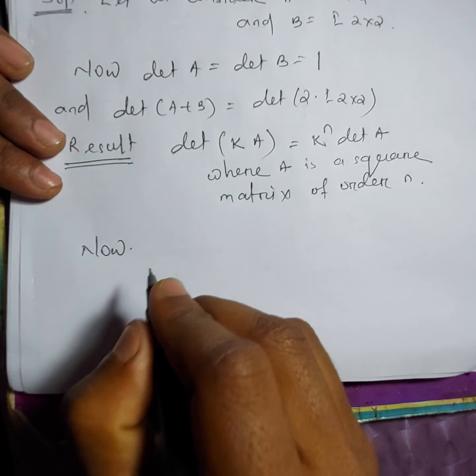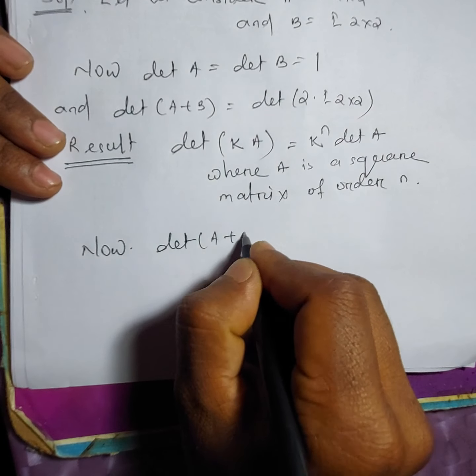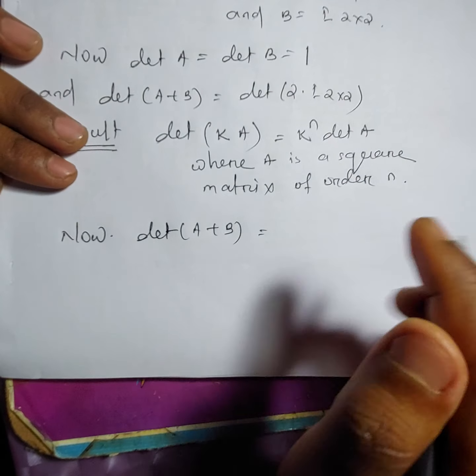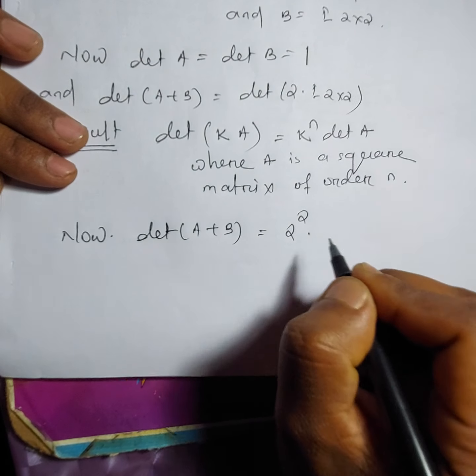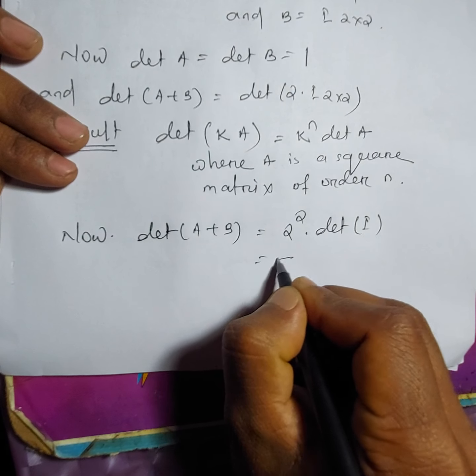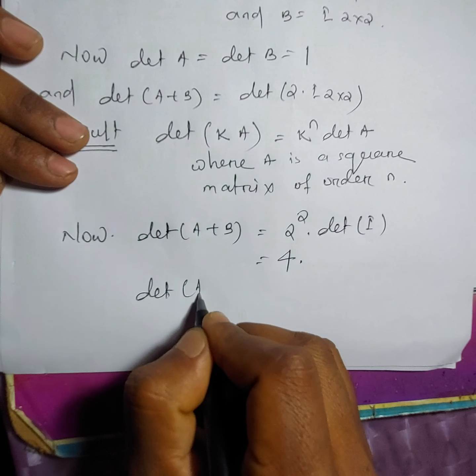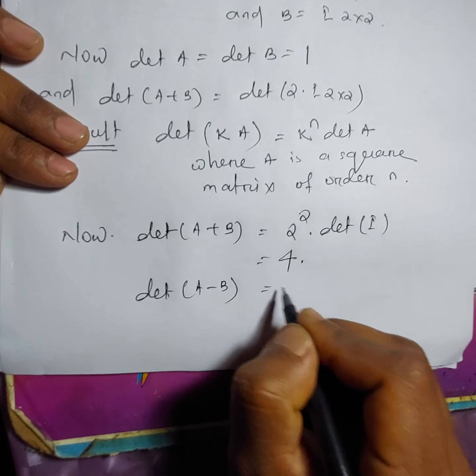Now determinant of A plus B is equal to 2 to the power 2 into determinant of I, which is equal to 4. Determinant of A minus B is equal to 0.